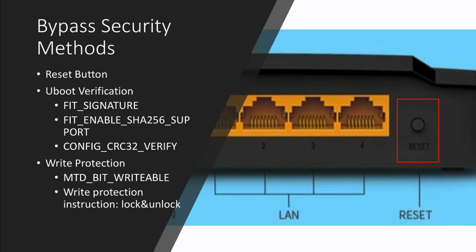When the reset button is pressed for a few seconds, 1, 2, 3, the corresponding hardware interruption handler will be called. Then the partition that stores the user configuration information in the file system will be formatted. So next, the device is rebooted, and the file system is totally original.